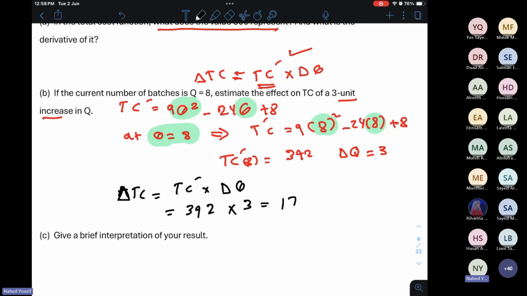Just multiply, and we will get 1176 BD in 1000. So we differentiate, substitute with 8, and multiply with the change required. Is that clear?